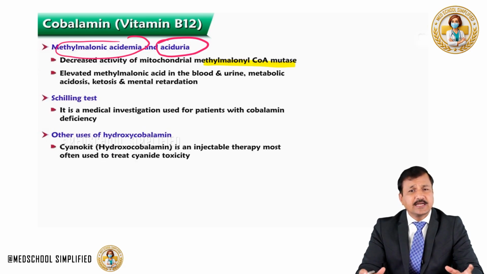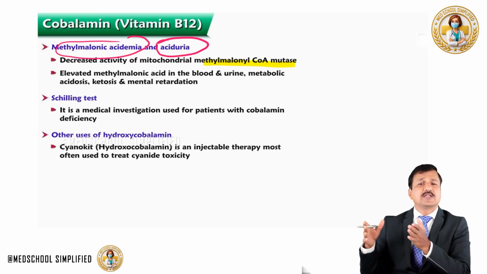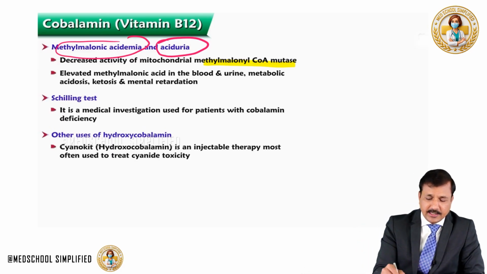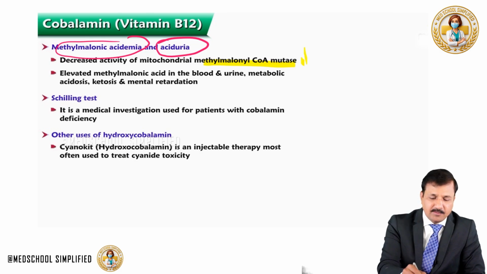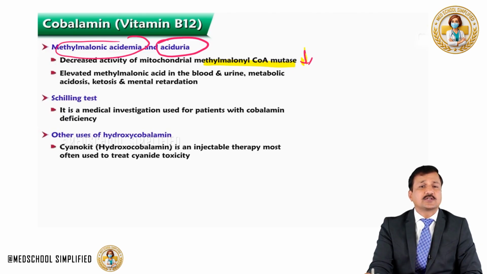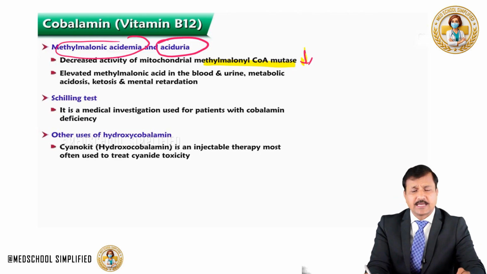So when there is a decrease in cobalamin, that means there is a decrease in deoxyadenosyl-cobalamin, and that leads to decrease in the activity of methylmalonyl-CoA mutase enzyme, and that leads to elevation of methylmalonic acid.